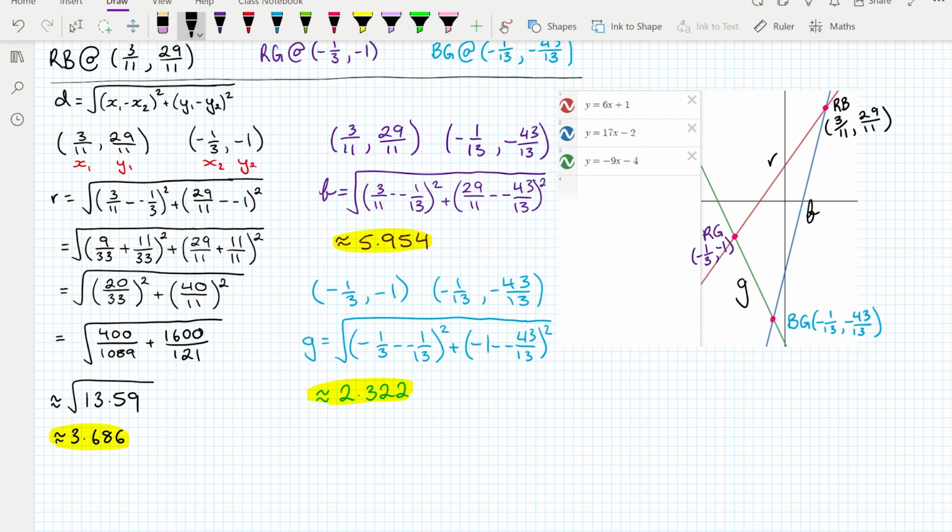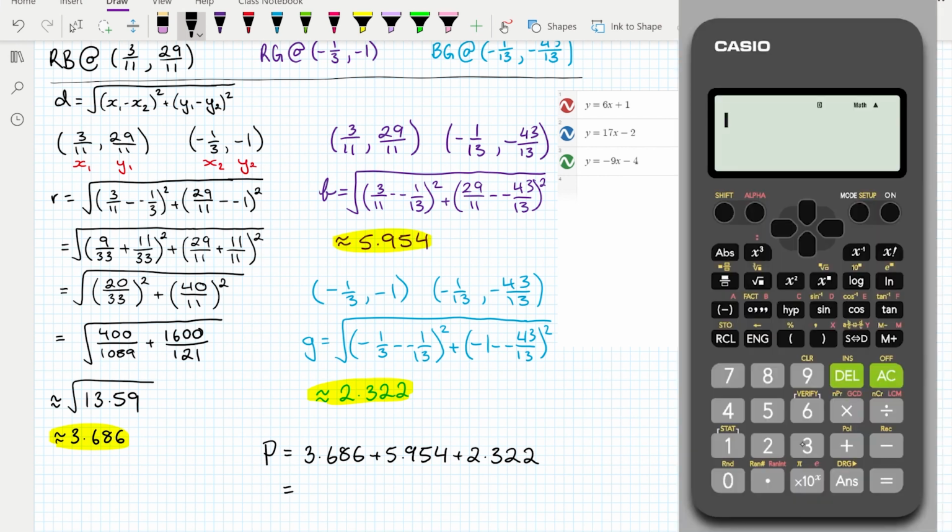So now I can go in and say, finally, my perimeter, just represented by a capital P, is going to be 3.686 plus 5.954 plus 2.322. And when we add that together, we get 11.962.